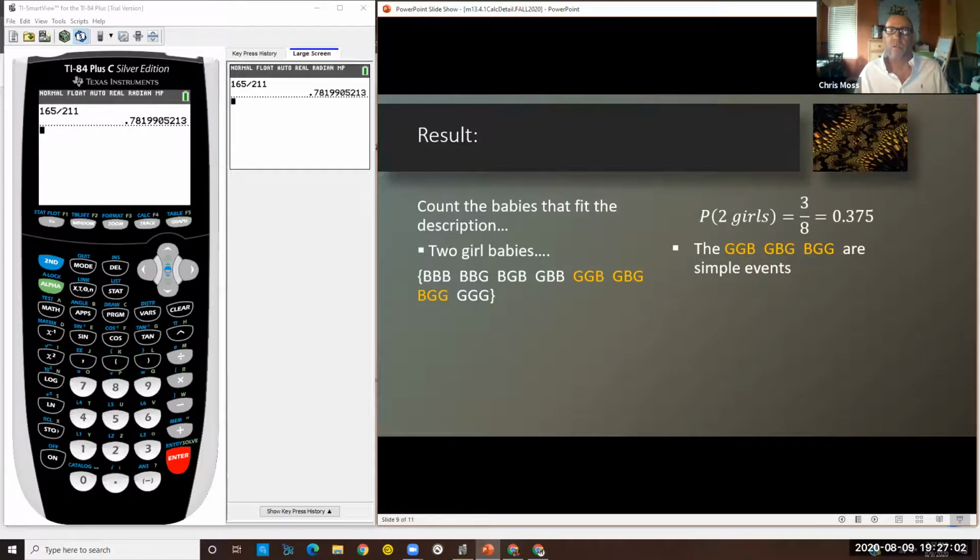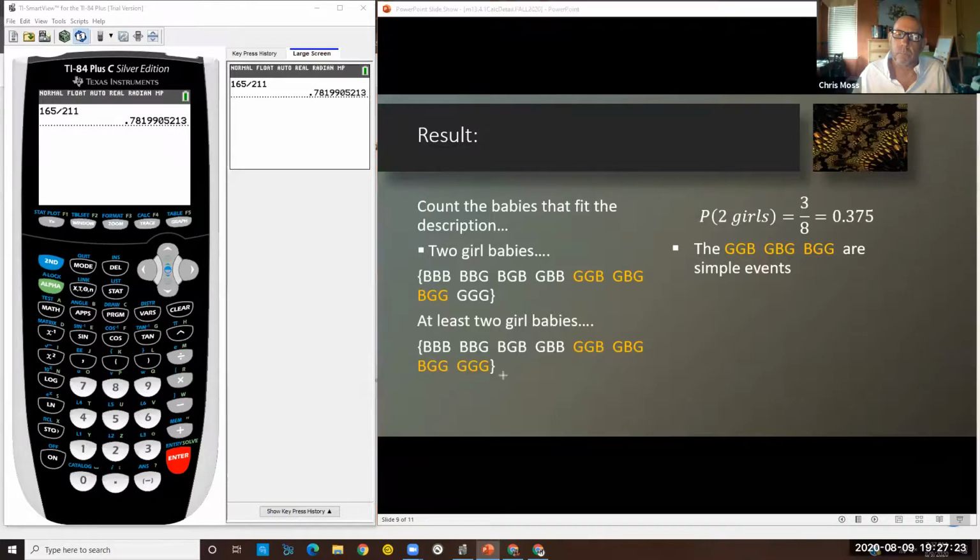Now, the follow-up question, what was the probability of at least 2 girls? That means 2 girls or more. At least 2 girl babies? Well, 2 girls plus the outcome where we have 3 baby girls, at least 2 or more, in this case 2 or 3.